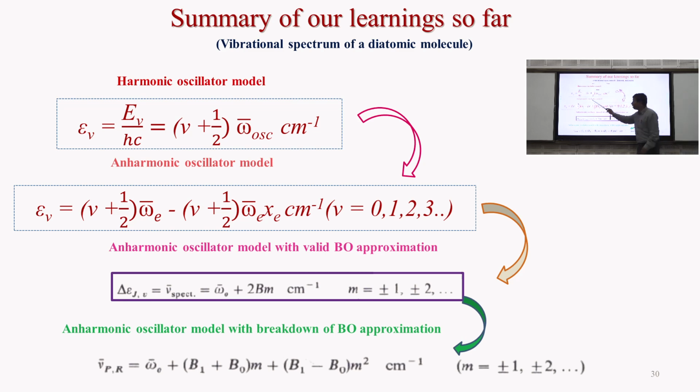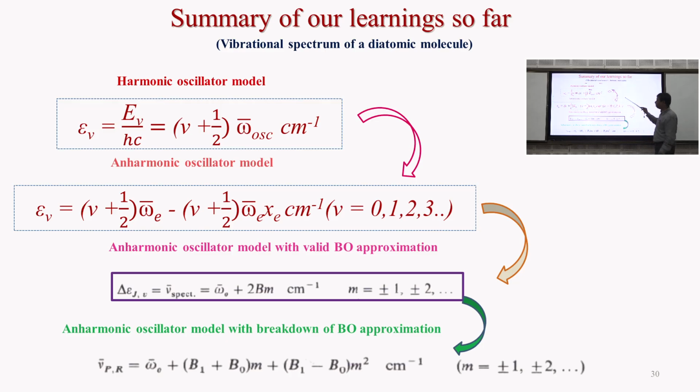For that anharmonic oscillator, the energy level expression changes from the half kx squared parabolic expression to the Morse expression, and that's why you get a different expression for the energy levels.